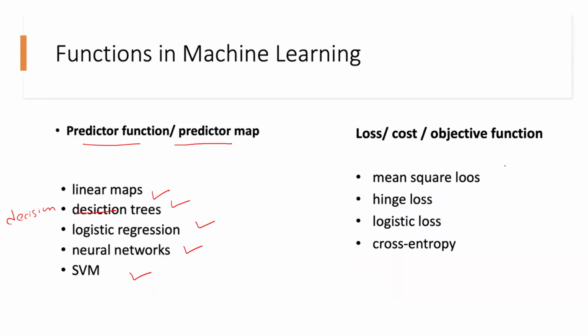We also talk about loss functions such as root mean square loss, hinge loss, logistic loss, and cross entropy. These are the things you have studied in machine learning: different predictor functions, and also the loss, cost, and objective functions.